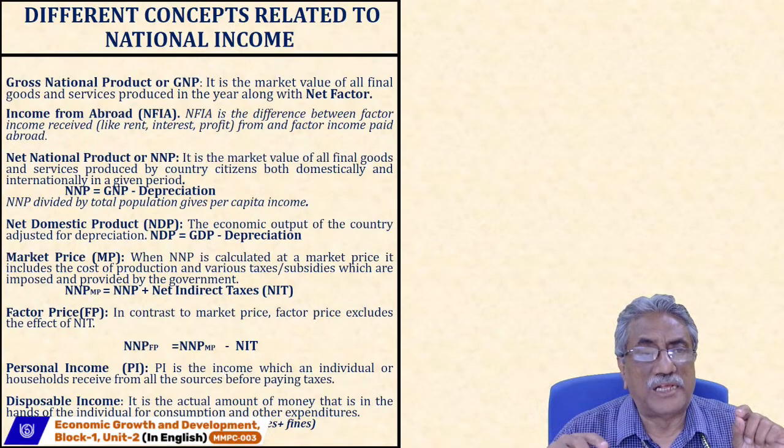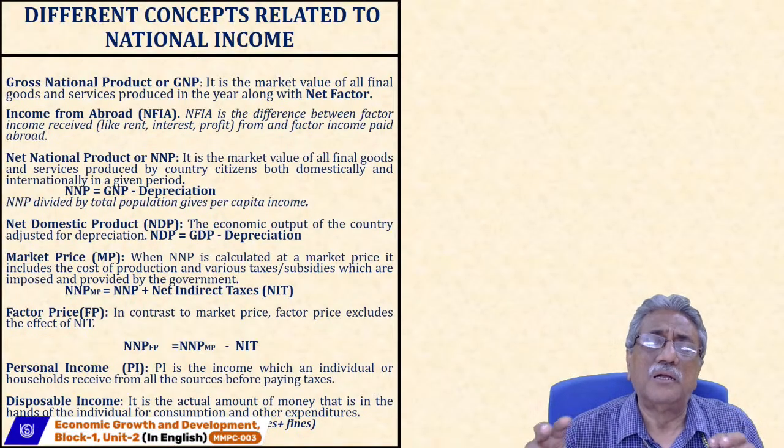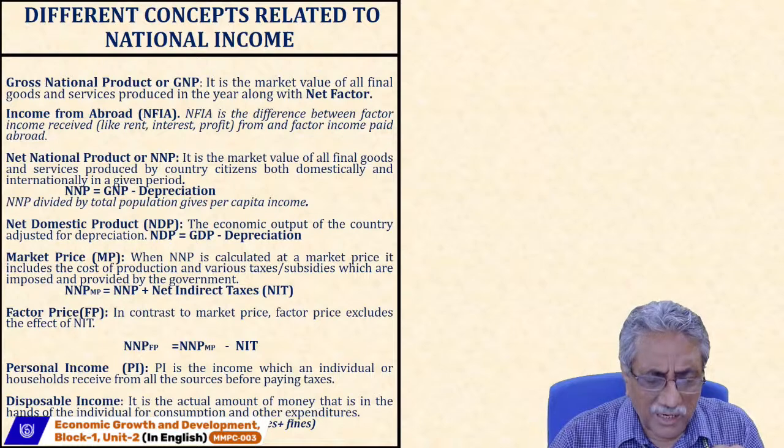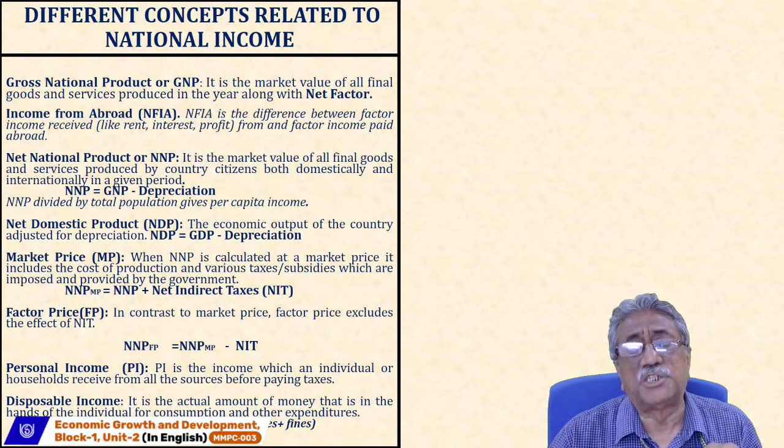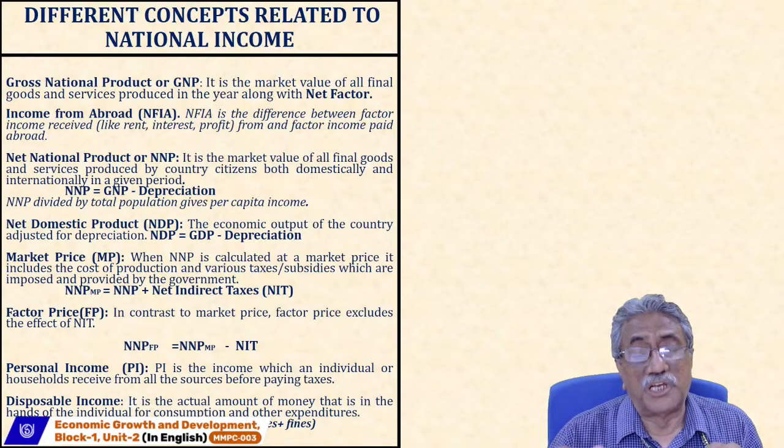Net national product is GNP minus depreciation, as we have studied earlier. That is the market value minus depreciation, because the plant and machinery are deteriorating in condition, so they are depreciating.